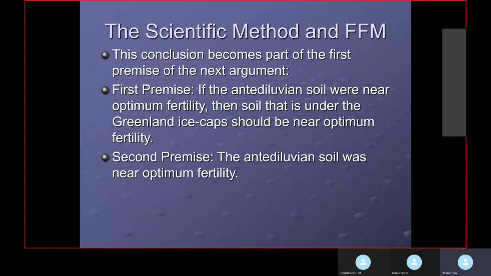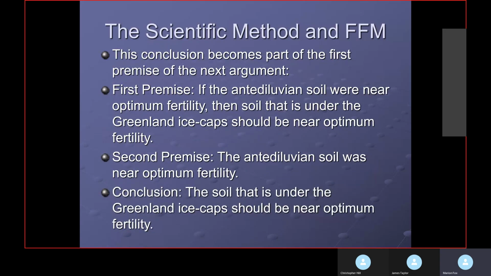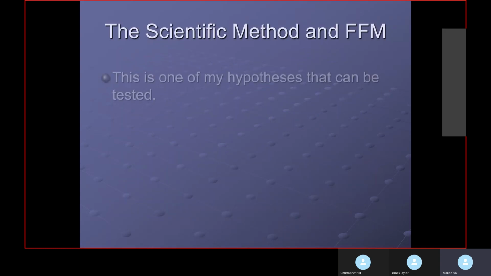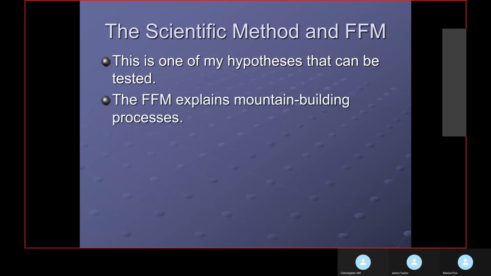That's what I'm claiming. That's something that can be checked. It's one of my hypotheses that can be tested and should be tested. The Fox flood model explains mountain building processes.